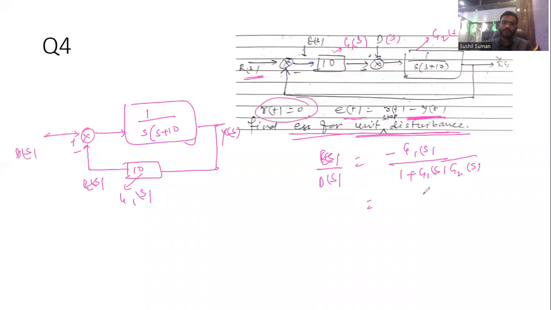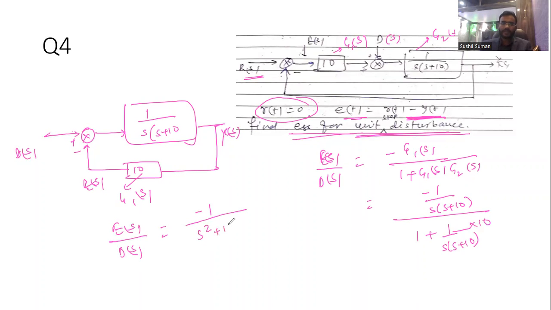Just put this value: minus 1 upon s into s plus 10, over 1 plus 1 upon s into s plus 10, and here the feedback is 10, negative feedback. After solving, E(s) upon D(s) is equal to minus 1 upon s squared plus 10s plus 10. This is the disturbance.